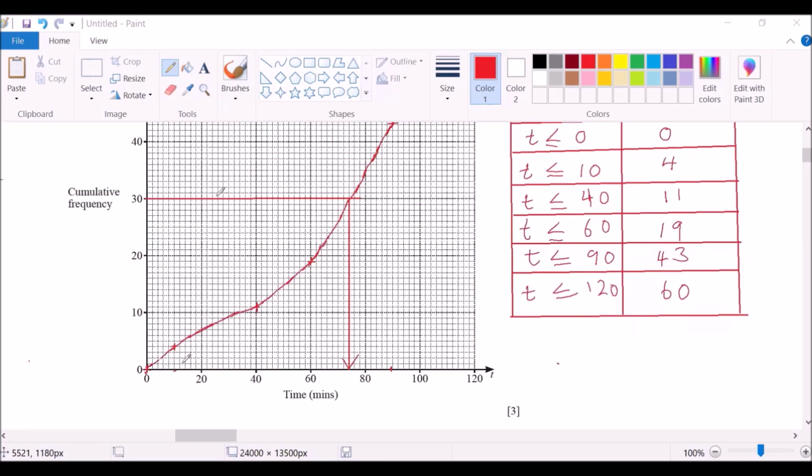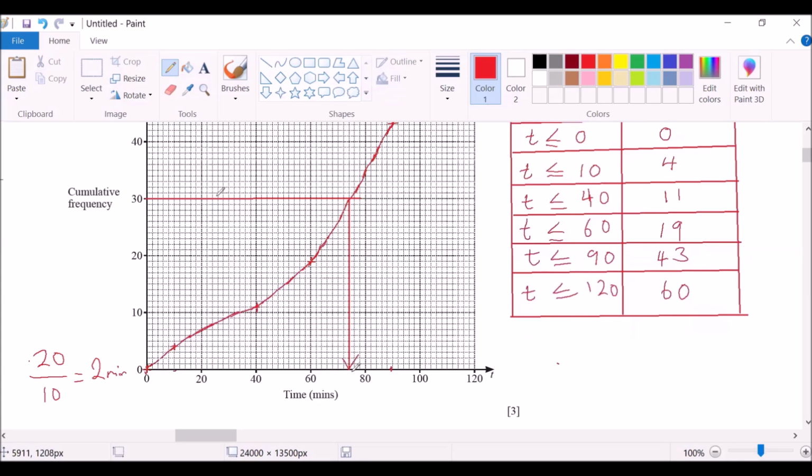When working with graphs, it is important to understand the scale used in axes. These two axes have different scales. In the time axis, 20 units are used to represent 10 small squares. So each square is representing 20 divided by 10, which is 2 units or 2 minutes.